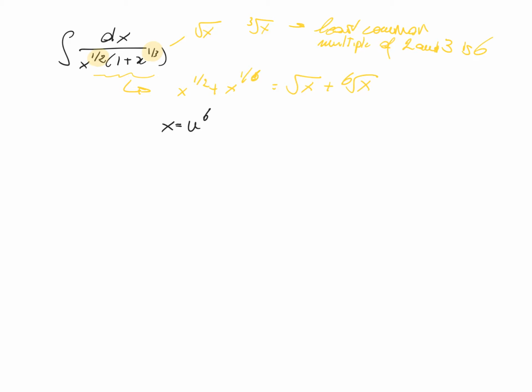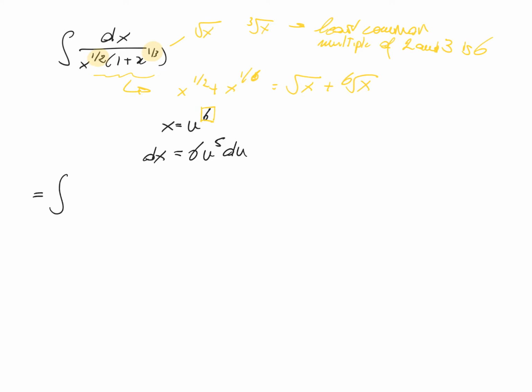And so what we do is we take this least common multiple and we use this in the substitution. So we set x equal to u to the power 6. So here we use the least common multiple of both roots. Then we have dx equal to 6u to the power 5 du.